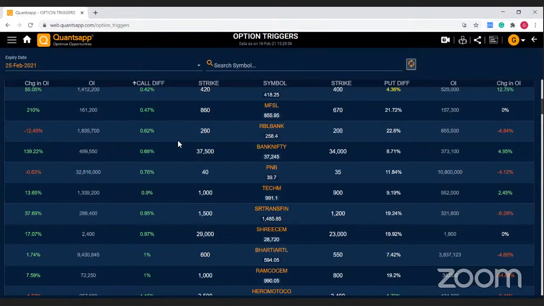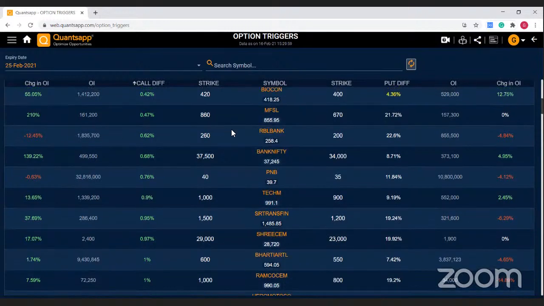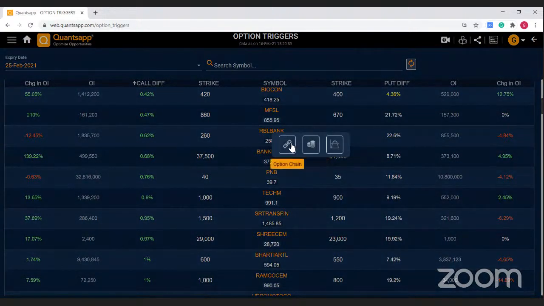So I should be looking into these things, how the call writers are behaving, because call writers are looking very jittery here, which gives me an indication that there could be a further possible price movement. Then further, you can also open the option chain, open interest, and option gain.